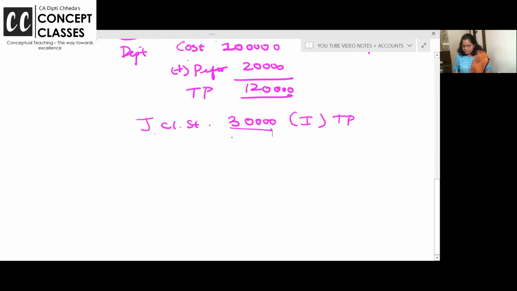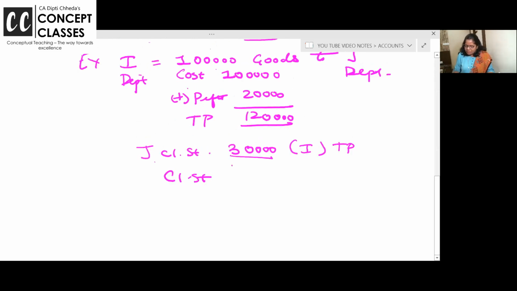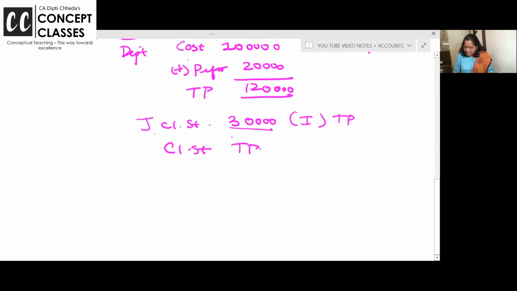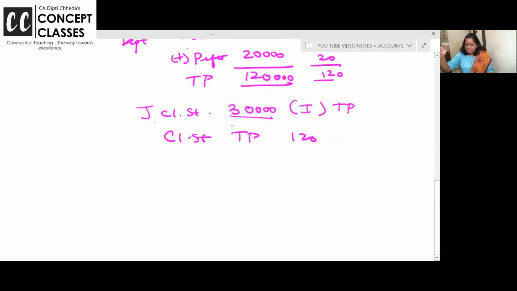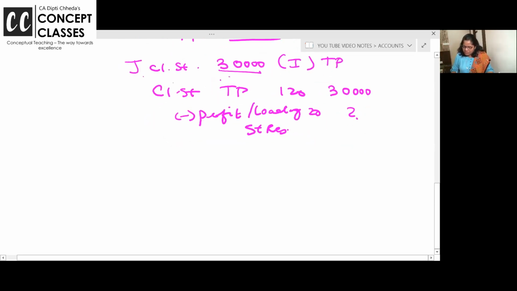So this closing stock is at transfer price. What is the transfer price? 120. 100 goods, I am sending at 20 profit, 120. And J is having closing stock of 30,000 of goods lying with you at 120. What is the profit or the loading or the stock reserve? 20. In 120, what is the loading? 20. So in 30,000, question mark.